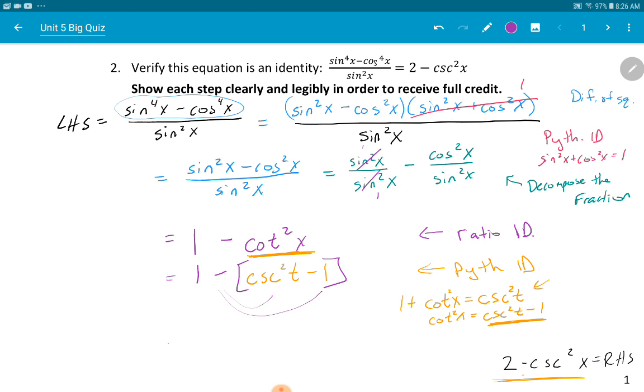So when I distribute that negative, I get 1 minus cosecant squared t, and that minus times the negative 1 gives me a positive 1. And then when I add those ones, I get that 2 that I've been looking for, and I got my cosecant squared, and so that is verified.